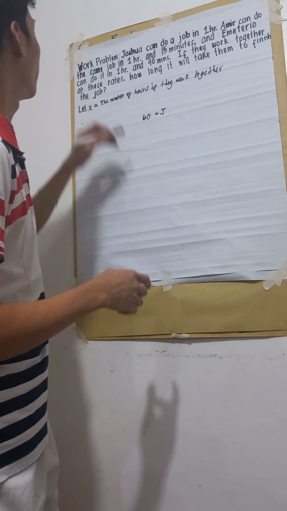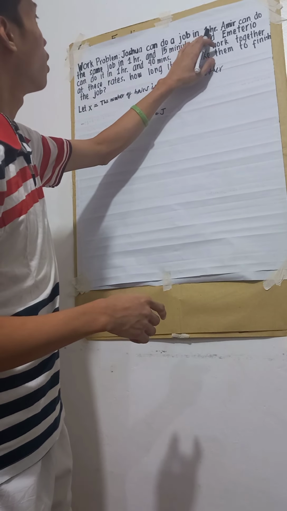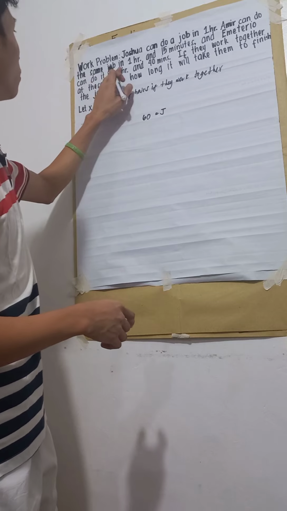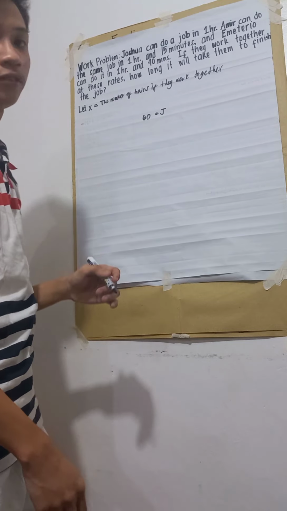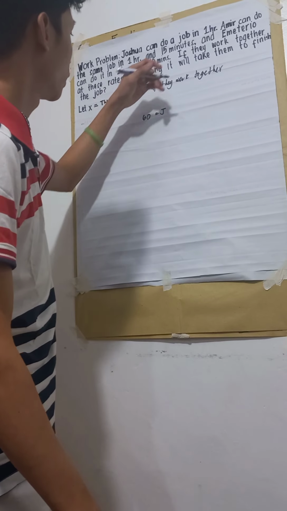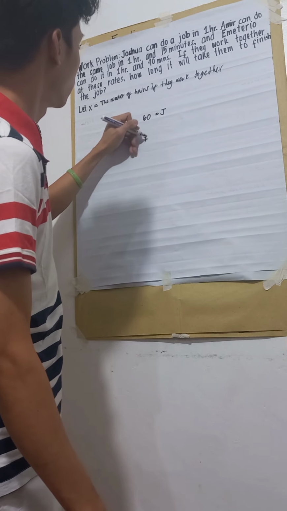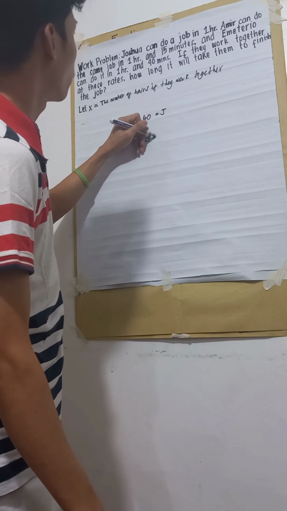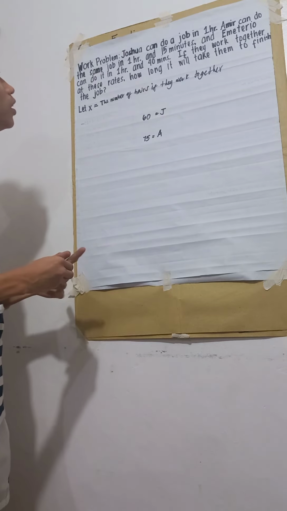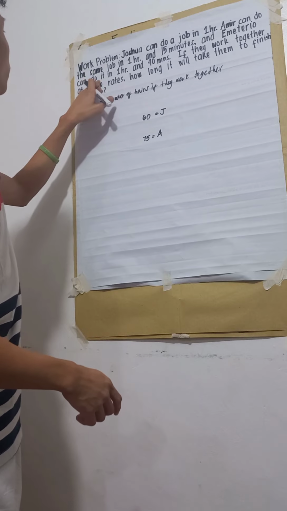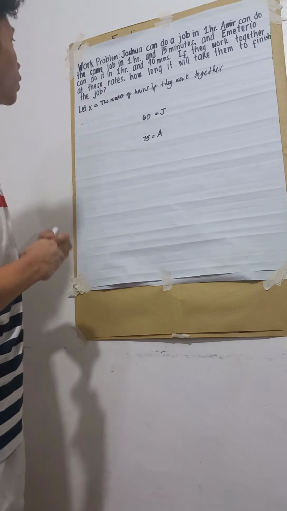Okay. And Amir can do the same job in 1 hour and 15 minutes. So 60 plus 15 is equal to 75, right? So that would be 75 for Amir. Emeterio can do it in 1 hour and 40 minutes.